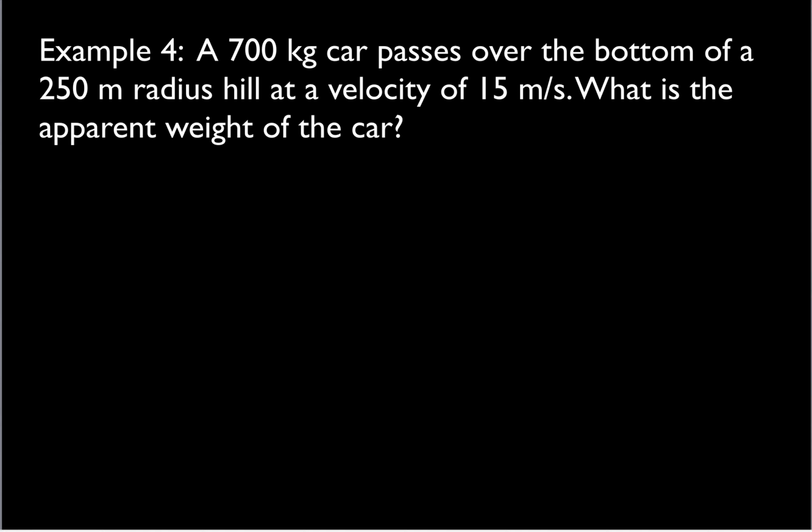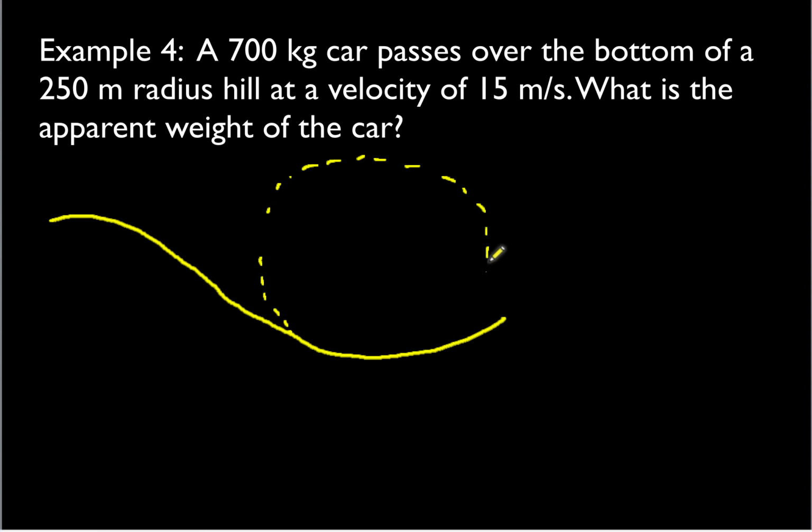Here's another example, this time looking at the bottom of a hill. A 700 kilogram car passes over the bottom of a 250 meter radius hill at a velocity of 15 meters per second. What is the apparent weight of the car? So now we have a car coming down the bottom of a hill, so it's a different situation.